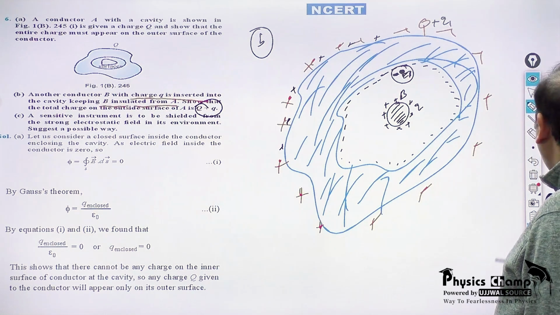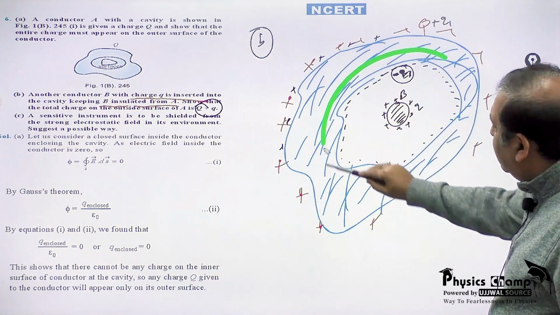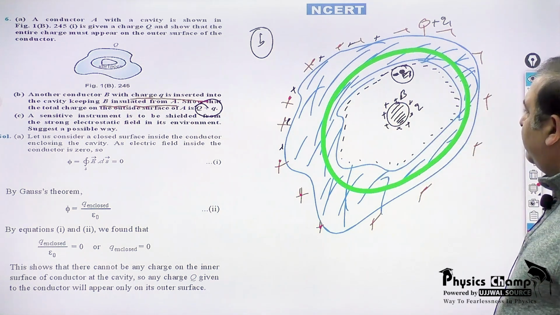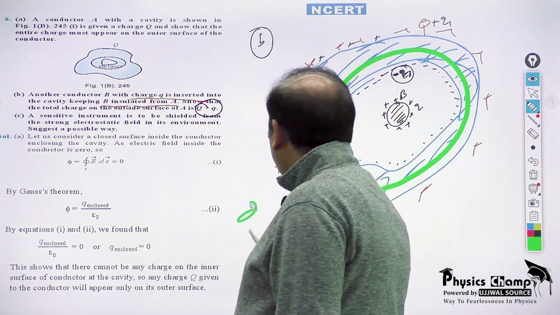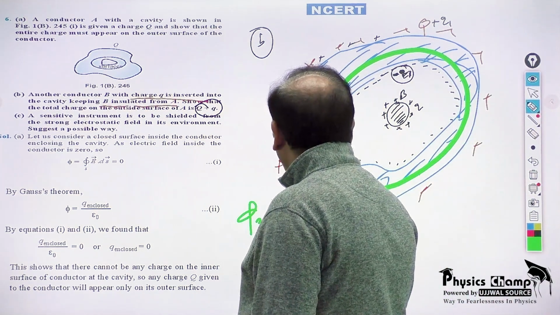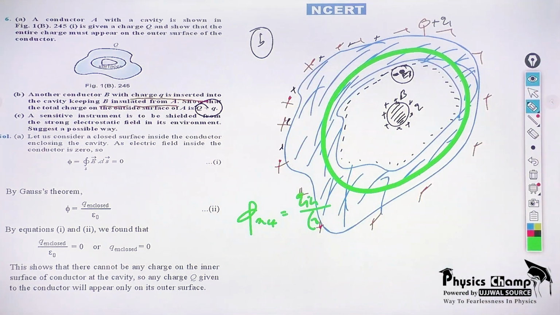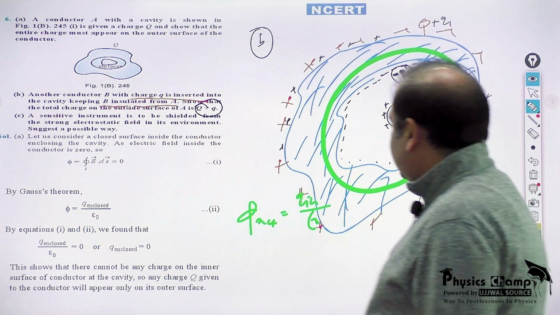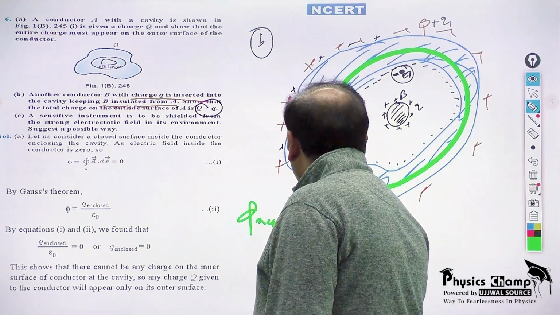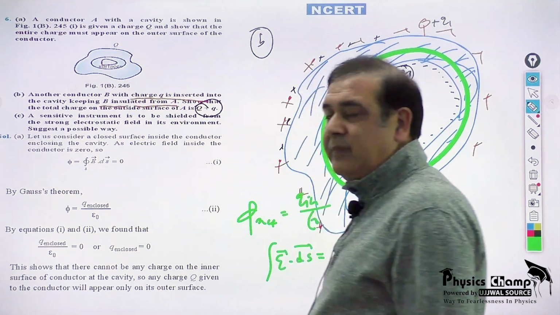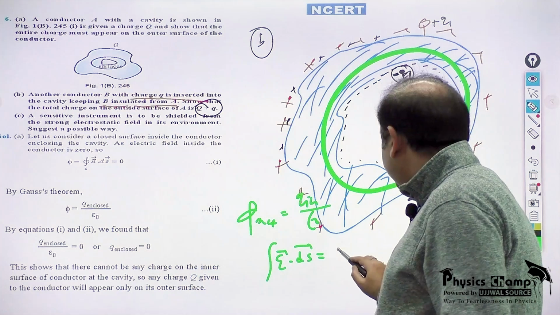So for that, once again, let's assume a Gaussian surface, and let this Gaussian surface be this one. For this Gaussian surface, the net flux will be charge inside by epsilon naught. Net flux will be E dot ds, and net flux inside the conductor is what? 0.